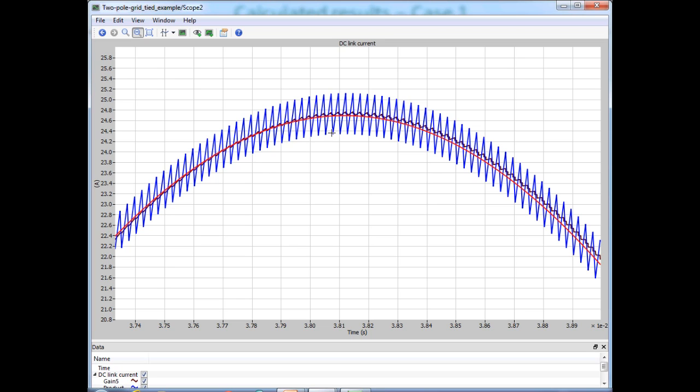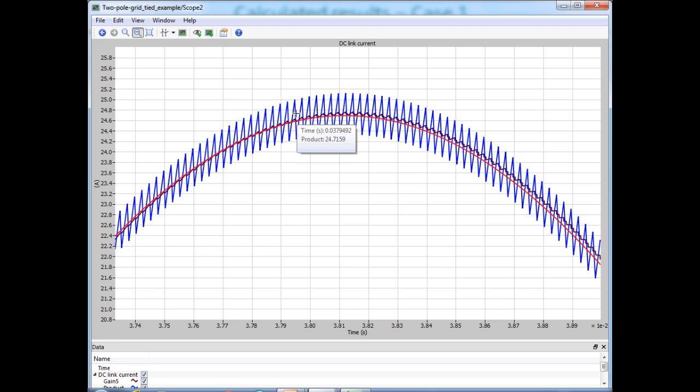VC is a smooth sine, whereas the grid current has a high frequency ripple, therefore the product has this high frequency ripple. The red waveform comes from the expression that I wrote in simulation, which corresponds to what we derived in the earlier videos, the one with the DC component and the twice the line frequency component.